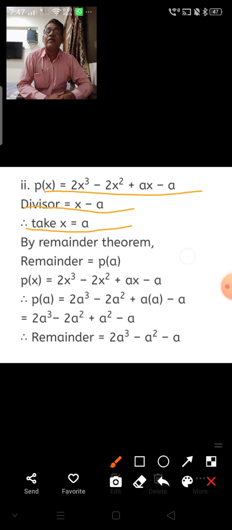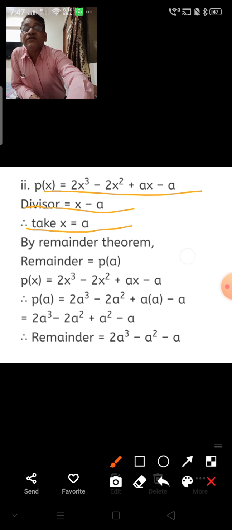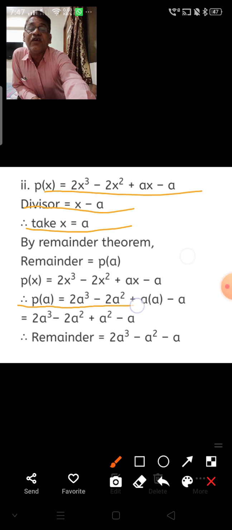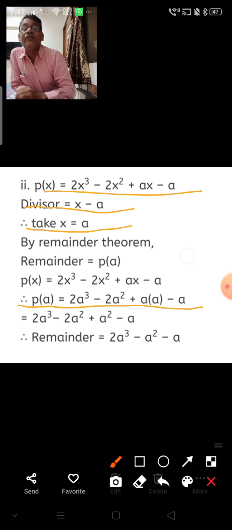By the remainder theorem, the remainder is p of a. So p of x is equal to 2x cube minus 2x square plus ax minus a, the given polynomial, and now substitute x is equal to a.